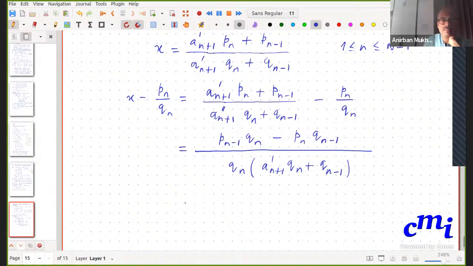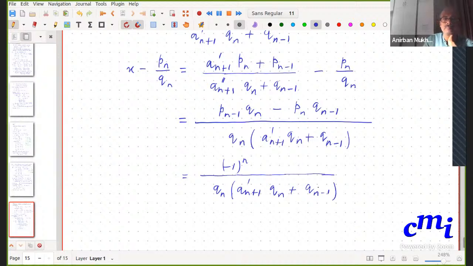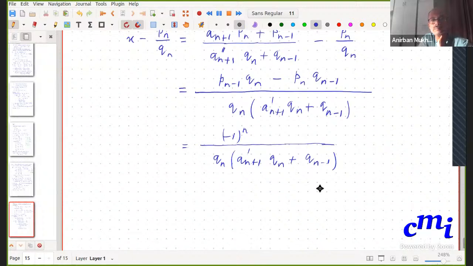Now recall that this is nothing but minus 1 to the n. We have seen it earlier. So the numerator is just that, and the denominator, just let it be like this: An plus 1 dash Qn plus Qn minus 1.